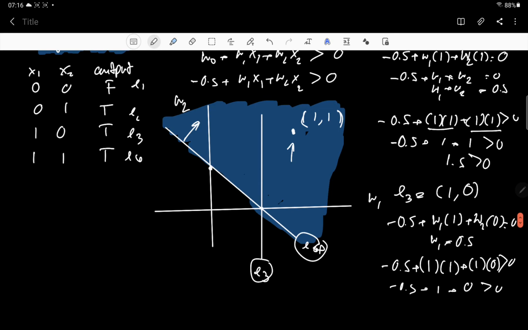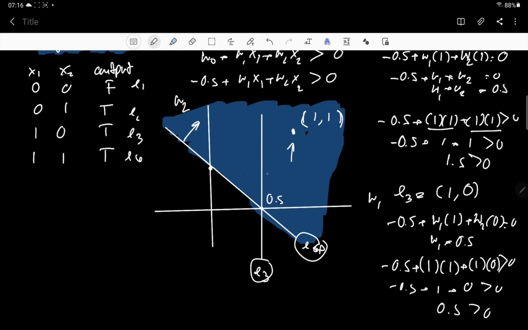Greater than 0, right? So guys, in this part, oh, sorry guys, W1, okay, W1 is 0.5, it's correct. So this one will be 0.5, that is greater than 0.